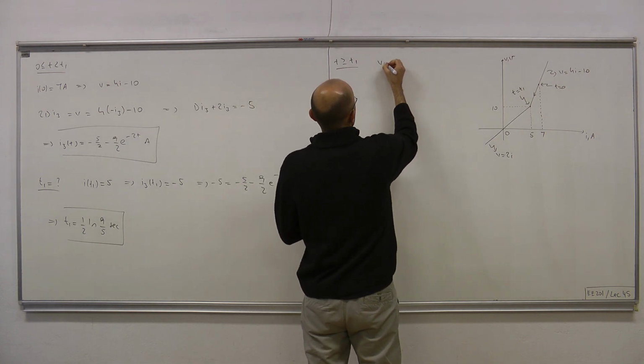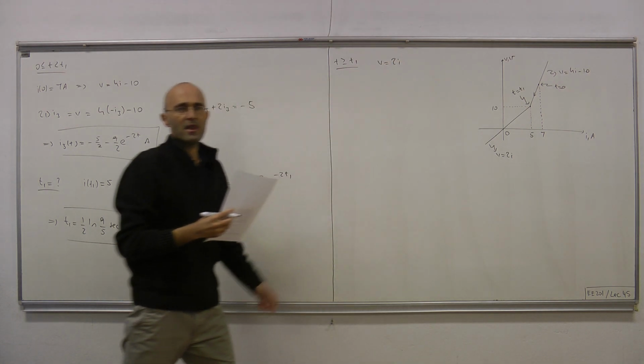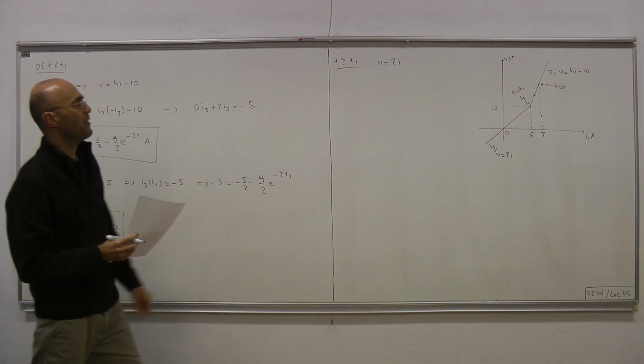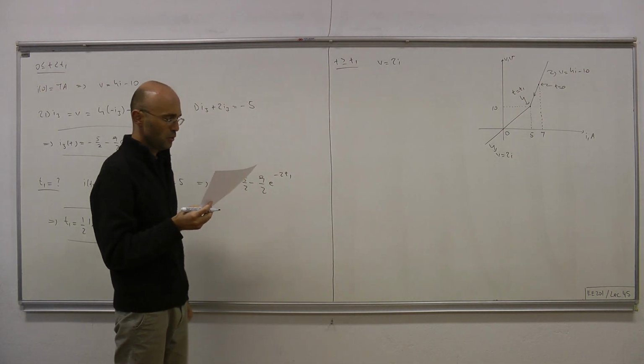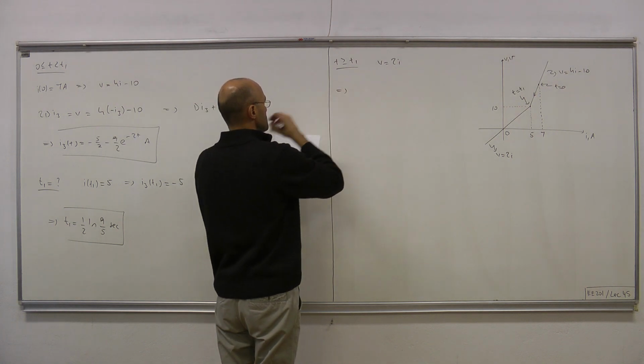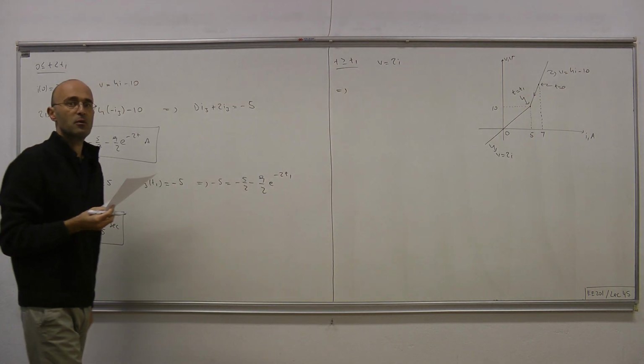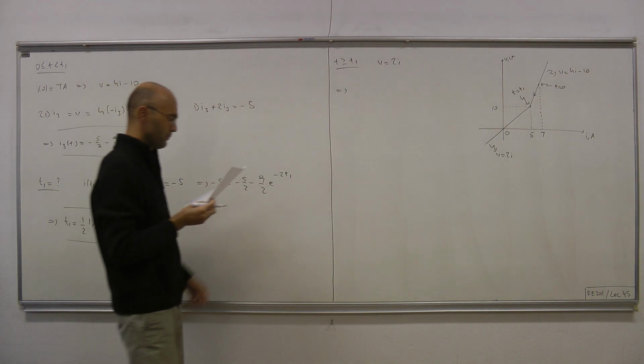So now the voltage-current characteristic is given by this equation, V equals 2I. Let's use that to figure out the differential equation describing I3.